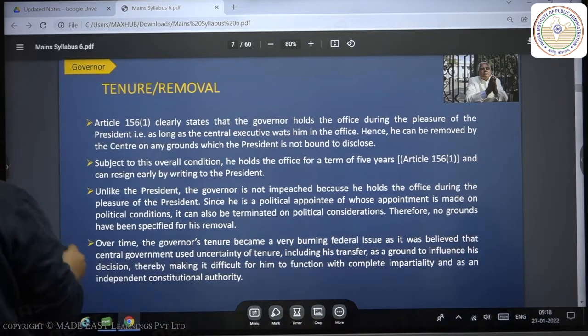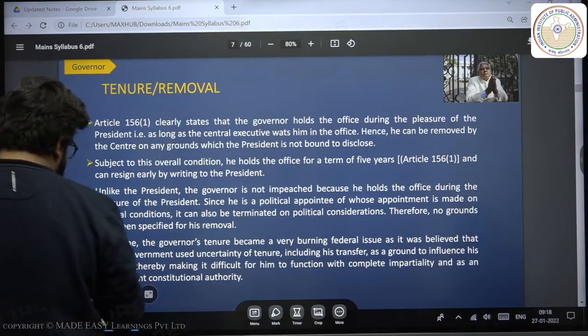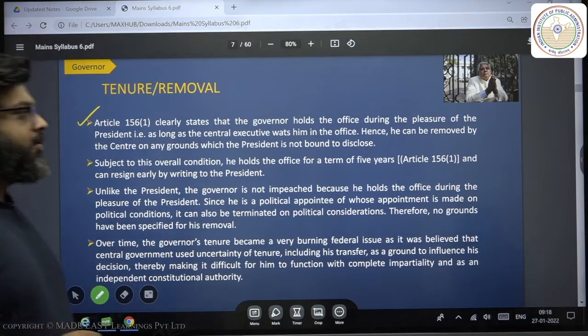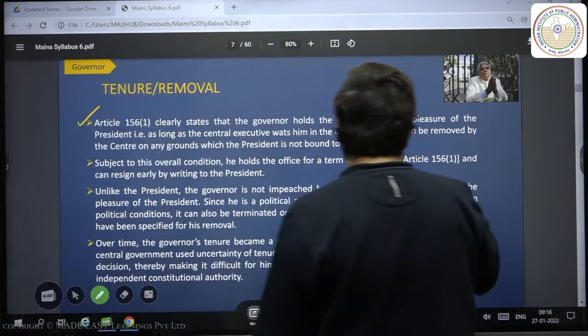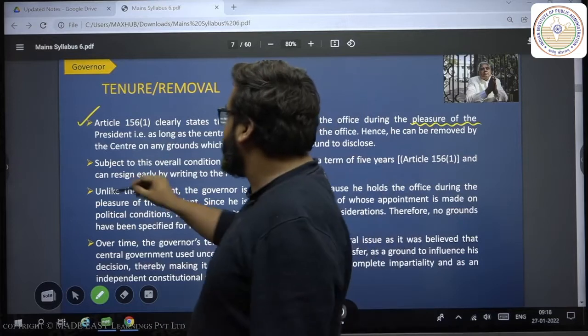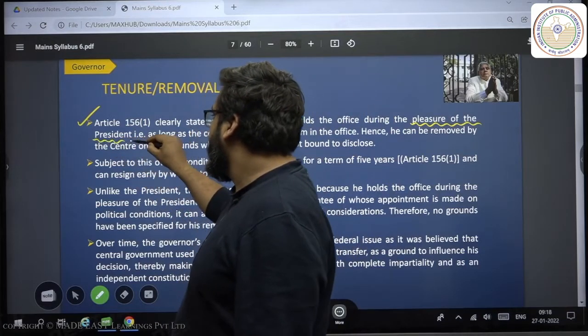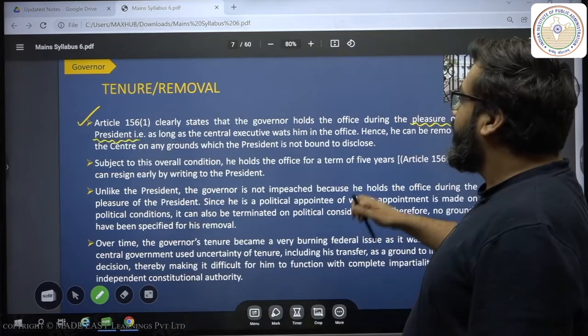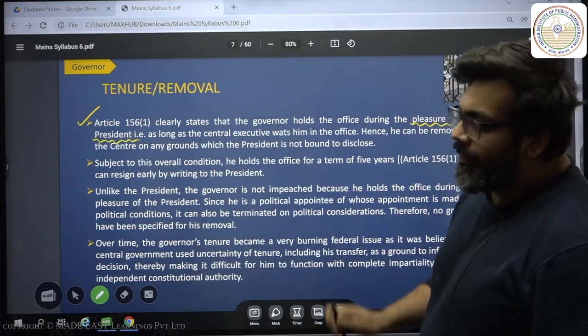Anyways, so Article 156, Clause 1 clearly states that the governor holds office during the pleasure of the president. During the pleasure of the president. That means as long as the central executive wants the governor to be in office.